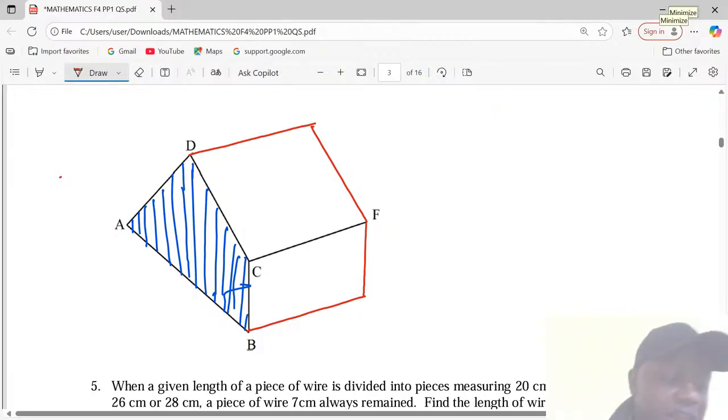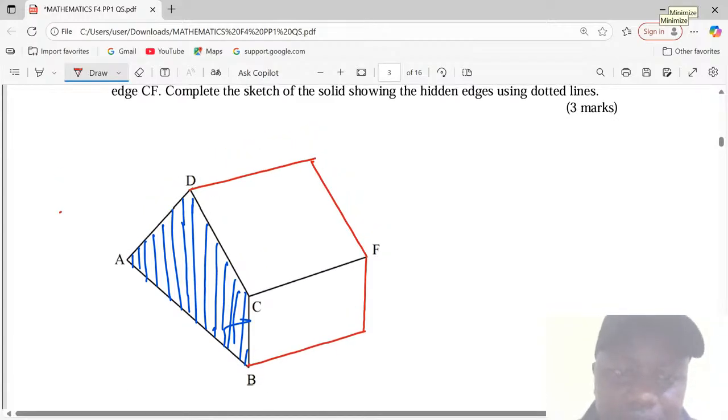Then there are some hidden edges, and we are requested to use broken lines or rather dotted lines. So now the end AD is parallel to another end. Parallel to another end that way. For the hidden edges, I'm using broken lines or dotted lines like that.